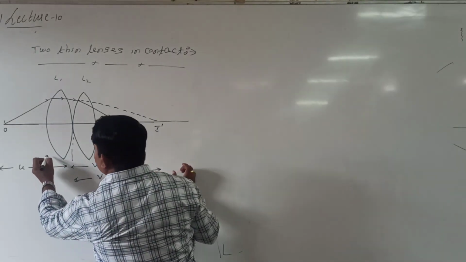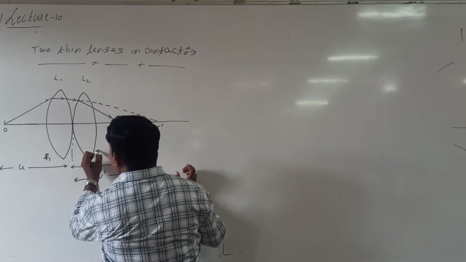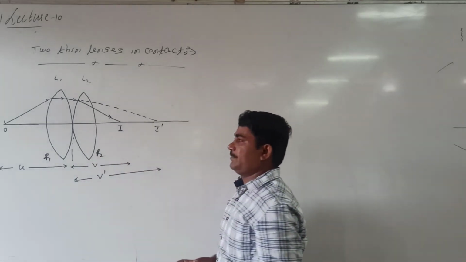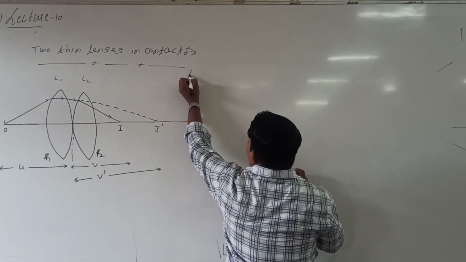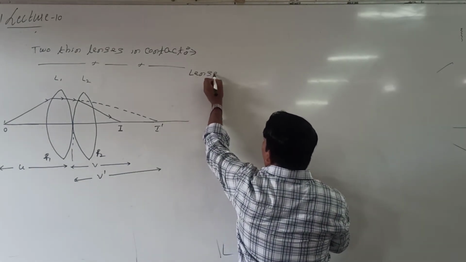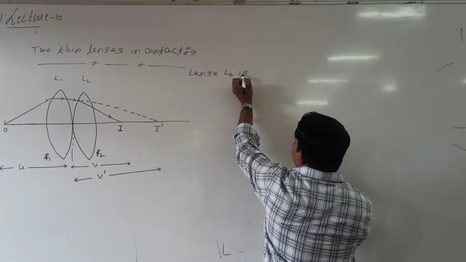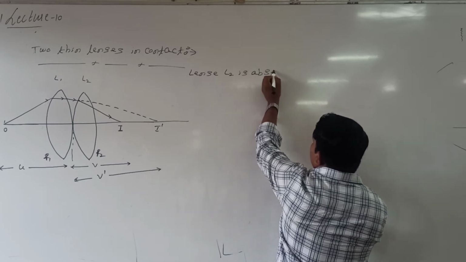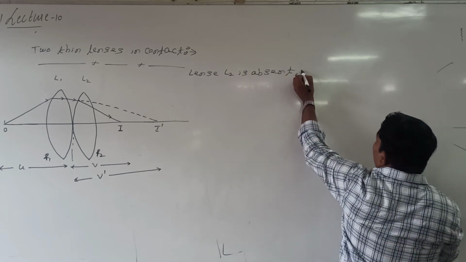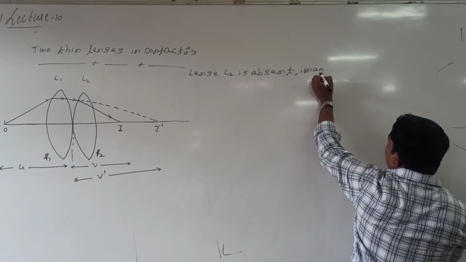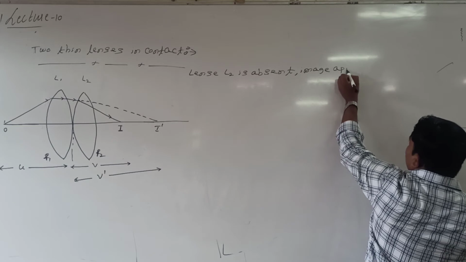This lens has focal length F1, and this lens has focal length F2. We know the initial formula. When lens L2 is absent, where can the image appear?